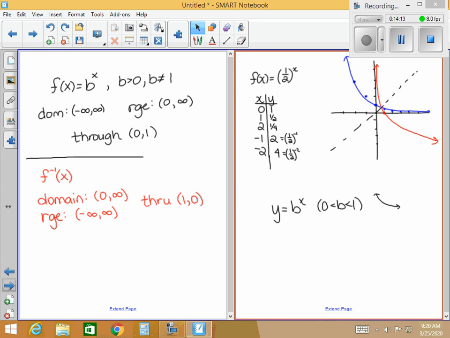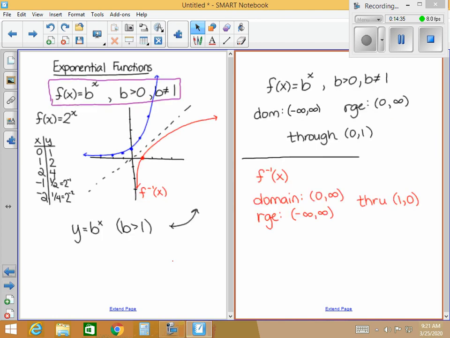If we blot the blue across the black dotted line, we can have the red graph. This would be the inverse of this particular blue function, (1/2) to the x power. So I know a lot about this inverse. I know its domain, I know its range, I know a point that it passes through. I can sketch a graph of what it looks like.